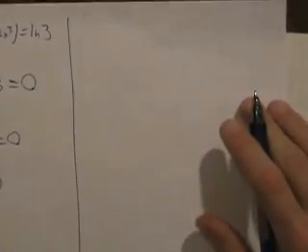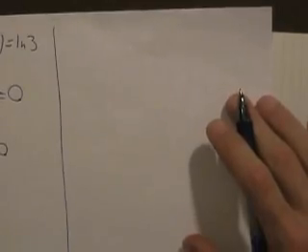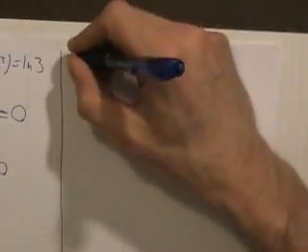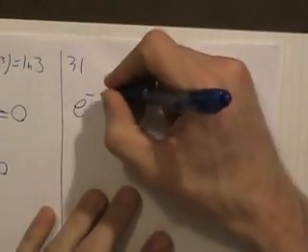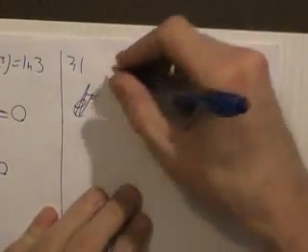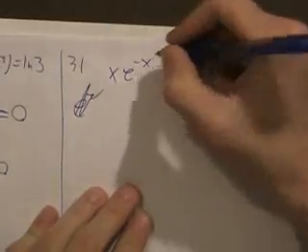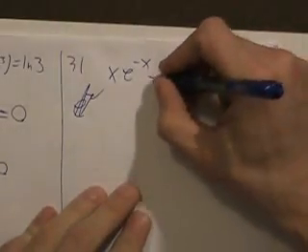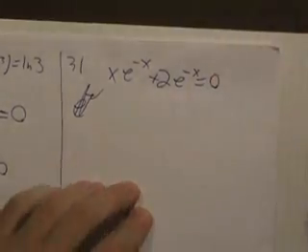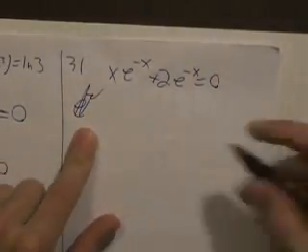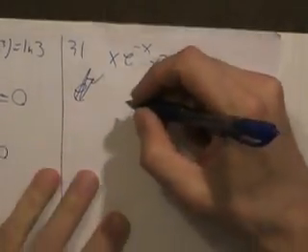And finally, number 31. Oh, okay. 31. Got enough room here. x e to the minus x plus 2e to the minus x equals 0. This one's easy. All you have to do with this one is factor it. Take out an e to the minus x.